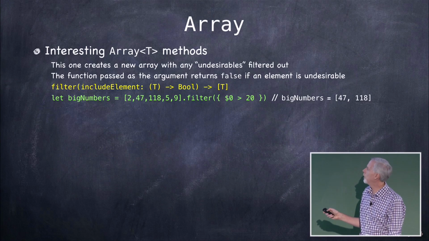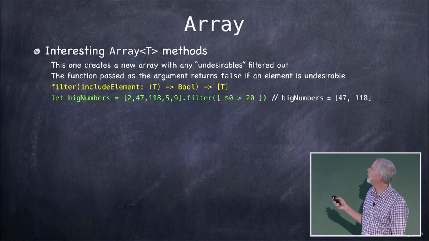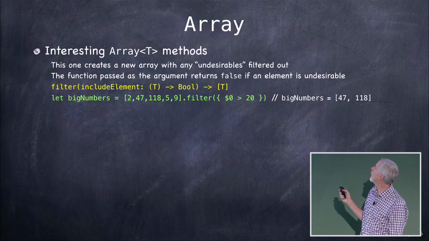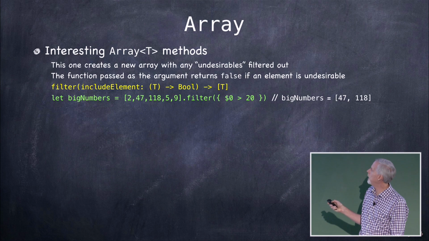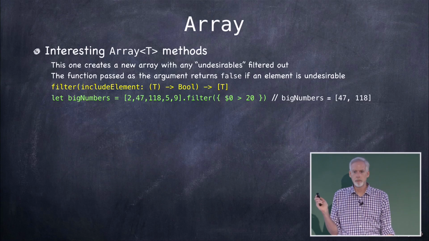Okay? So here, for example, let bigNumbers equal this array dot filter, here's my closure, $0 is this thing, that's going to be called on each of these. If $0 is greater than 20, I'm going to return true. So this returns an array, bigNumbers, that only has 47 and 118, because those are the only two things greater than 20. Got it?